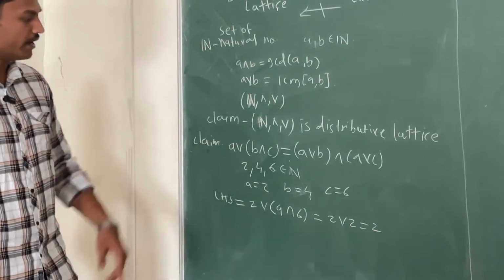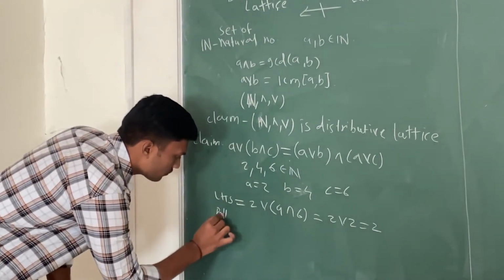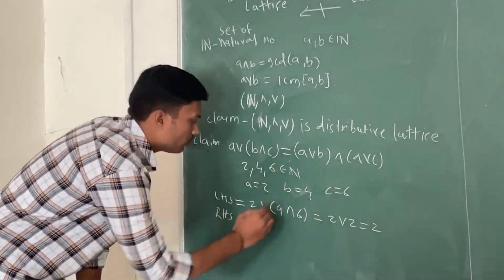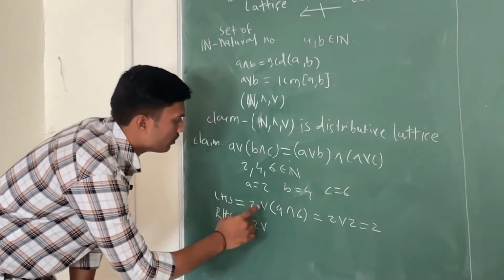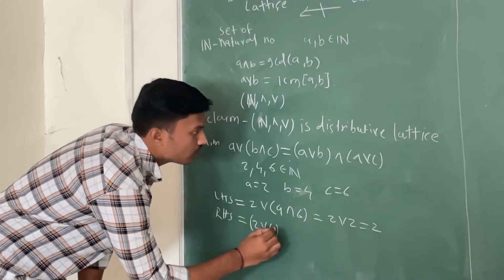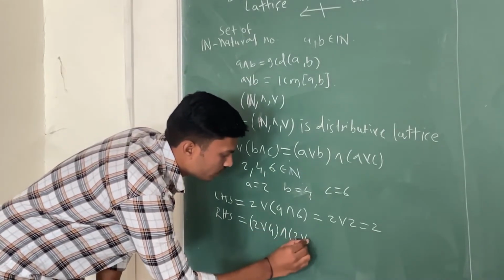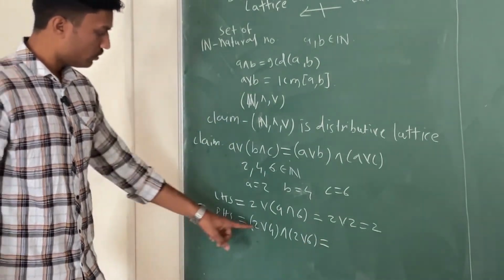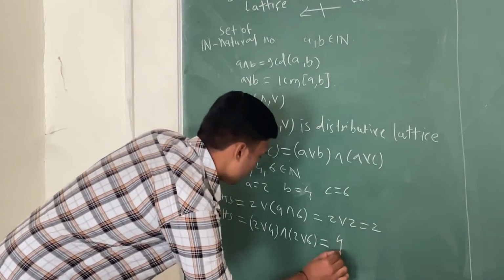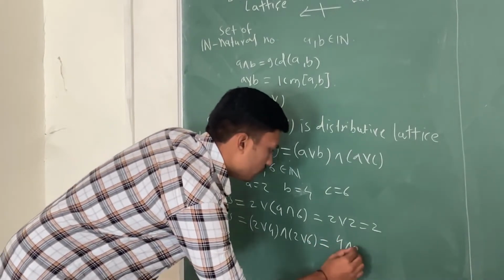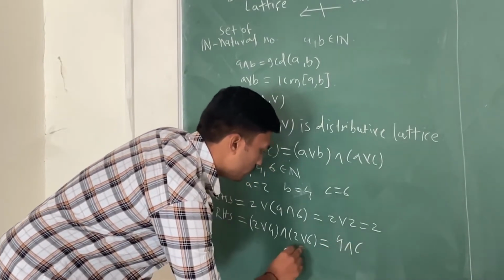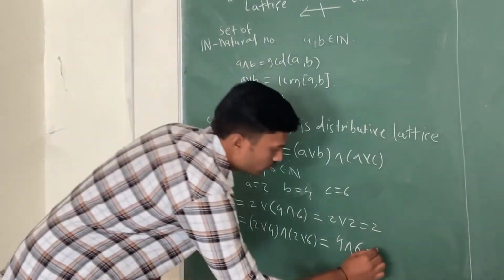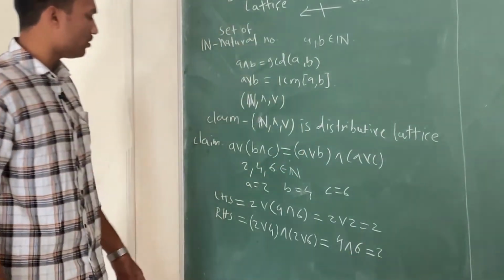Now the right hand side: (2 join 4) meet (2 join 6). The LCMs are 4 and 6, and the GCD of these two is 2. Hence LHS is equal to RHS.